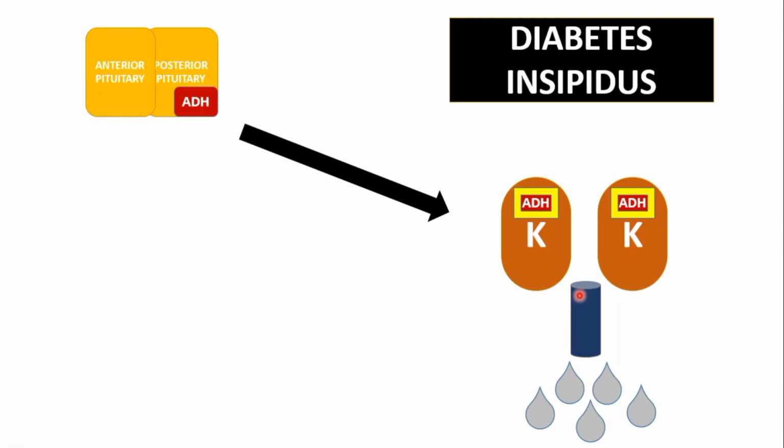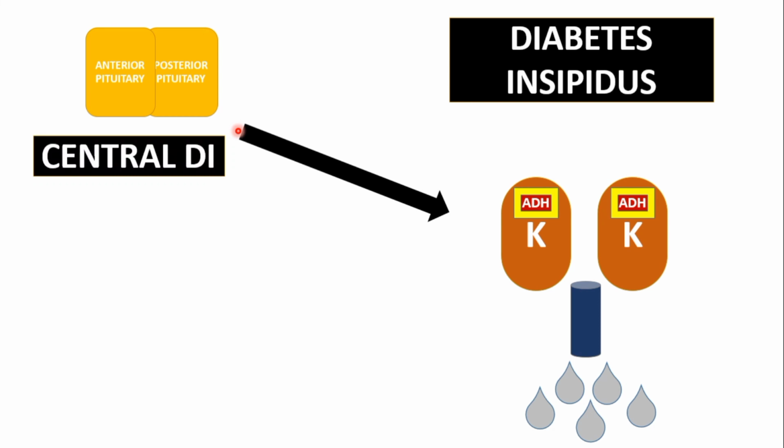Now in the case of diabetes insipidus, just see here we have the ADH. In central diabetes insipidus, we do not have this ADH. If there is no ADH, then there is no antidiuresis, no conserving of water, just more and more water flows out, that is polyuria. The other type is nephrogenic diabetes insipidus.